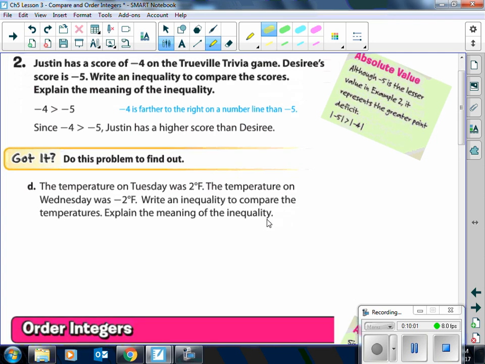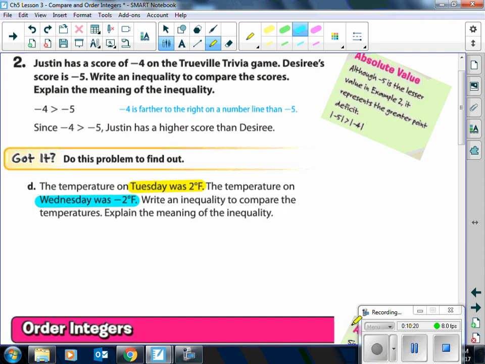Let's look at our got it number, letter D. You can just write down the important information. The temperature on Tuesday was 2 degrees Fahrenheit. The temperature on Wednesday was negative 2 degrees Fahrenheit.